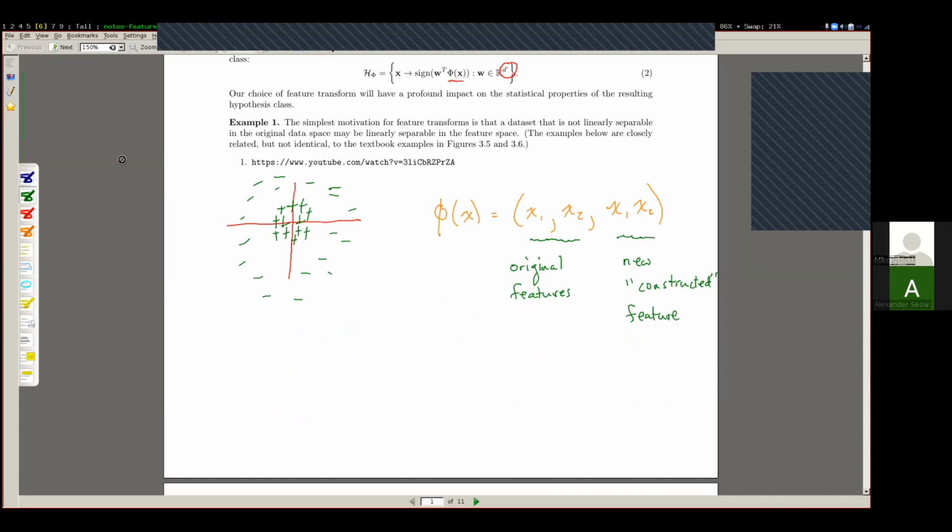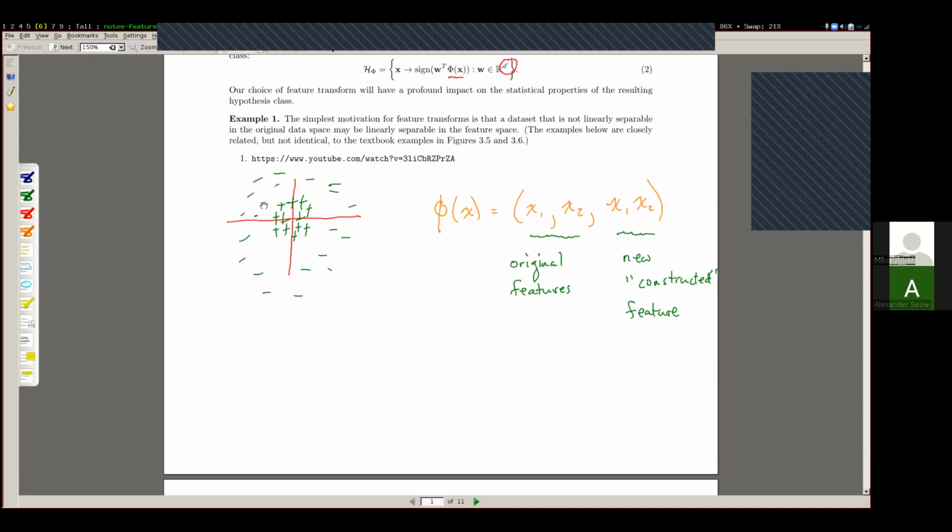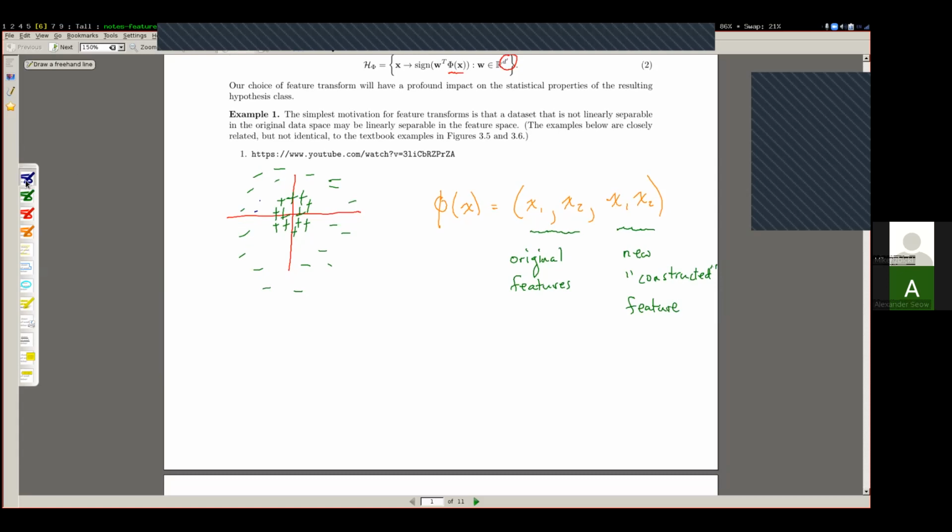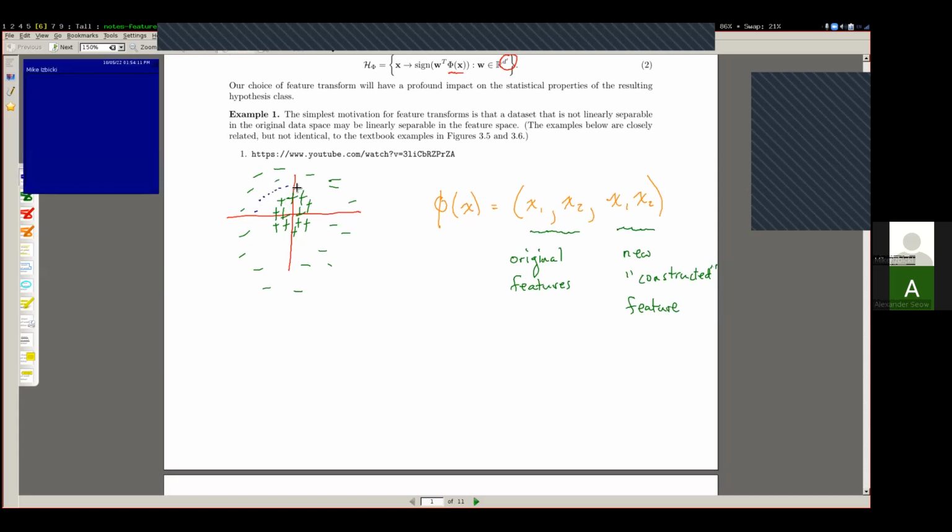And it turns out that this decision boundary of E sub f, this circle function right here, that g is contained in h of phi with this particular feature map.